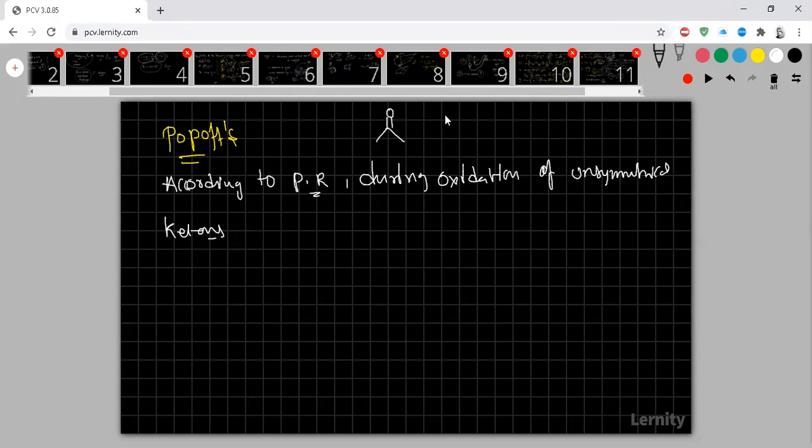The C=O group has two different groups. Left side is different and right side is different. An example is CH3COCH2CH3. So these are unsymmetrical ketones.